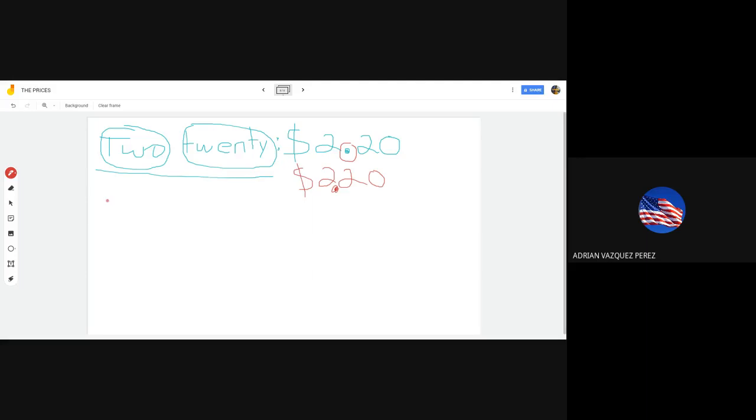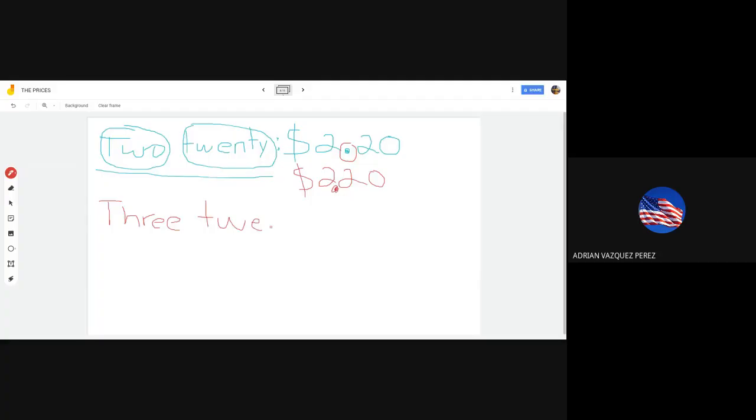Okay, next exercise. Try to put this number. 3.12. Okay. What's the first step that we're going to do? ¿Cuál es el primer paso que debemos hacer? Yes, don't forget the price sign. Then what is the number 3?